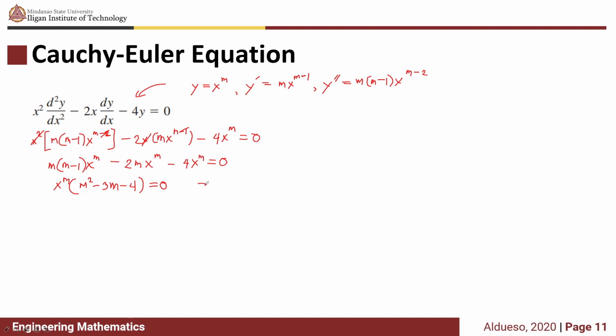Our auxiliary equation is m squared minus 3m minus 4 equal to 0. So our m1 and m2 are negative 1 and 4. Our general solution is of the form c1 x to the negative 1 plus c2 x to the 4th.